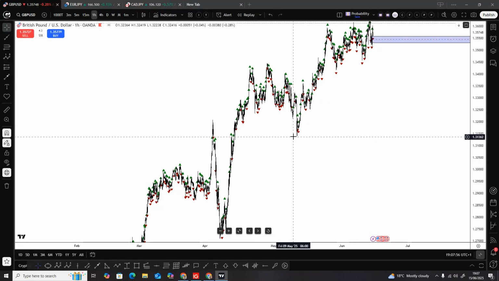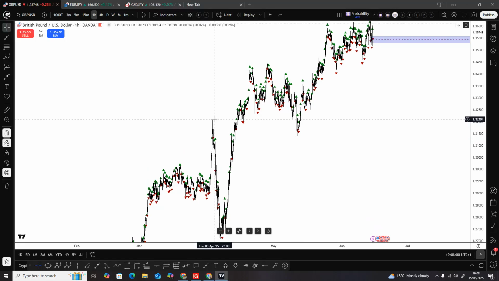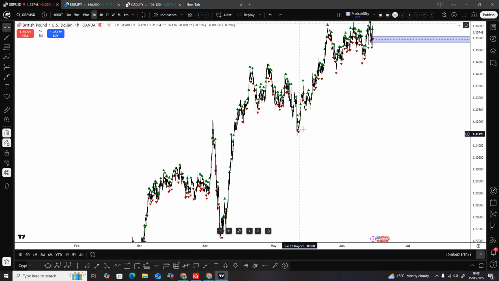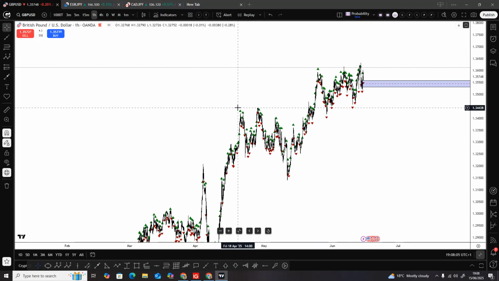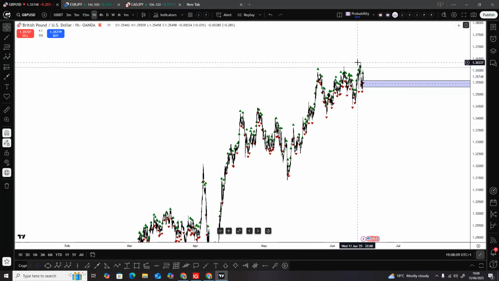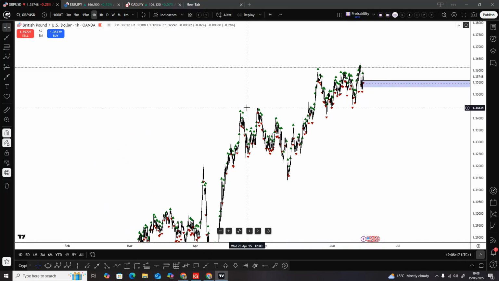Then we had the pullback. That pullback did not do anything. It only came back to test the high. Then they broke the high, 1, 2, 3, and the high. So we may experience a drawdown, as in a pullback, to come and do the same thing.